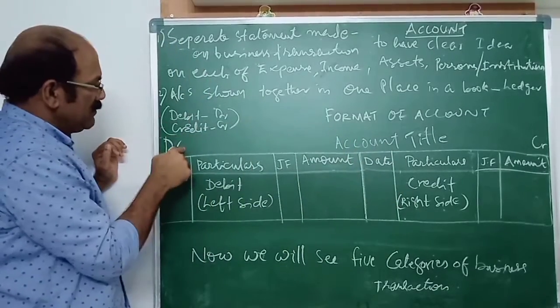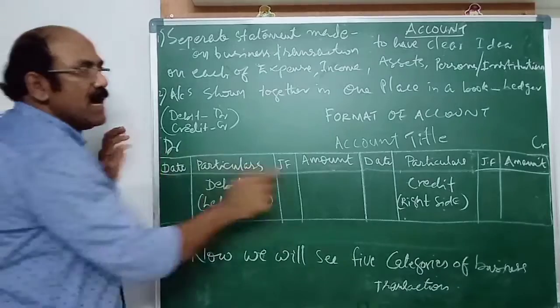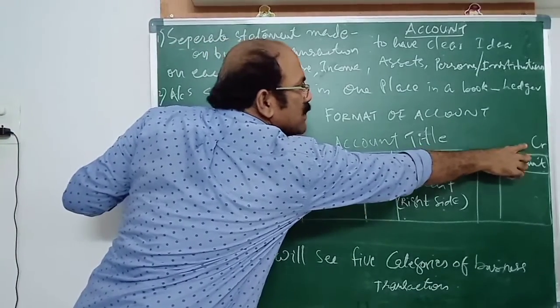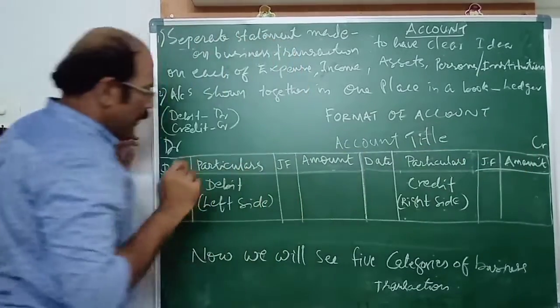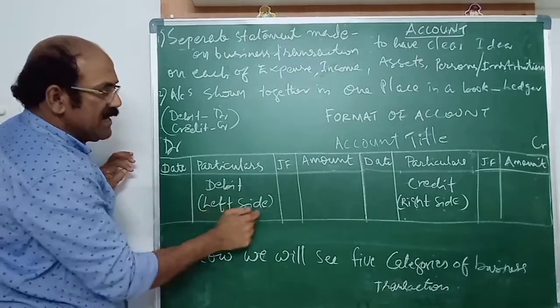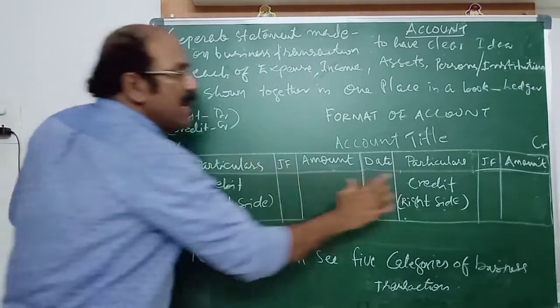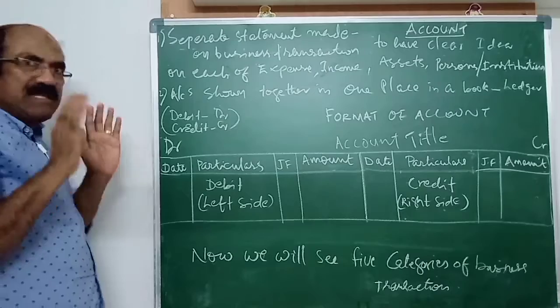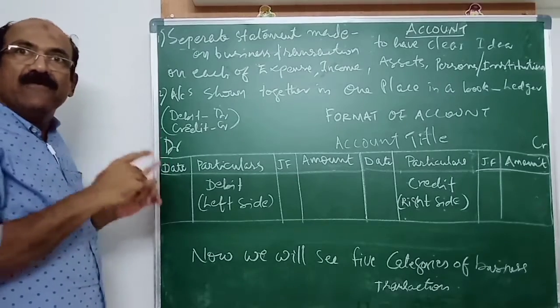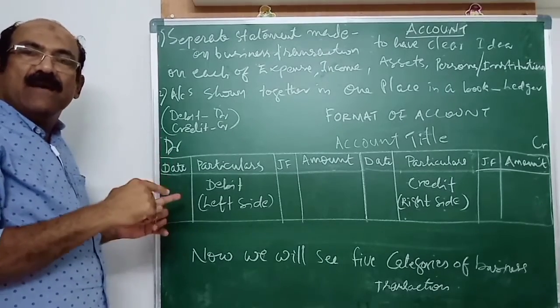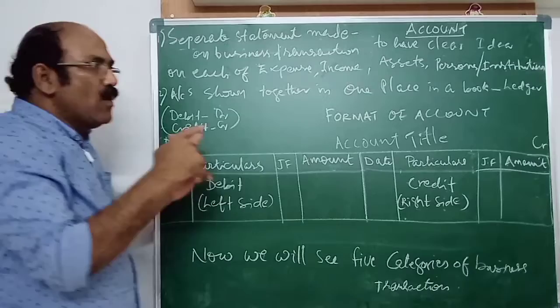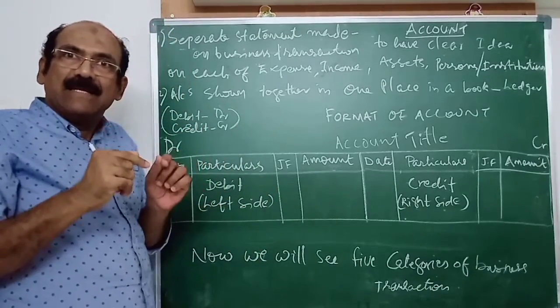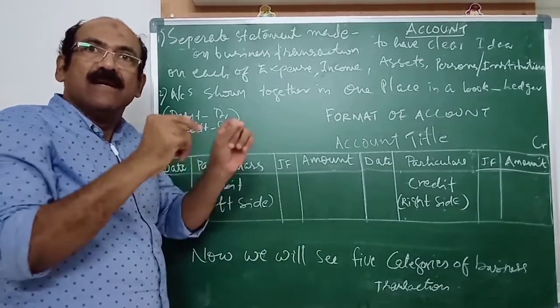This is the debit side, and this is the credit side. Left side of the account is called debit, and right side is called credit. It's simple. What is debit? The information in the left side of the account. And what is credit? Information in the right side of the account.